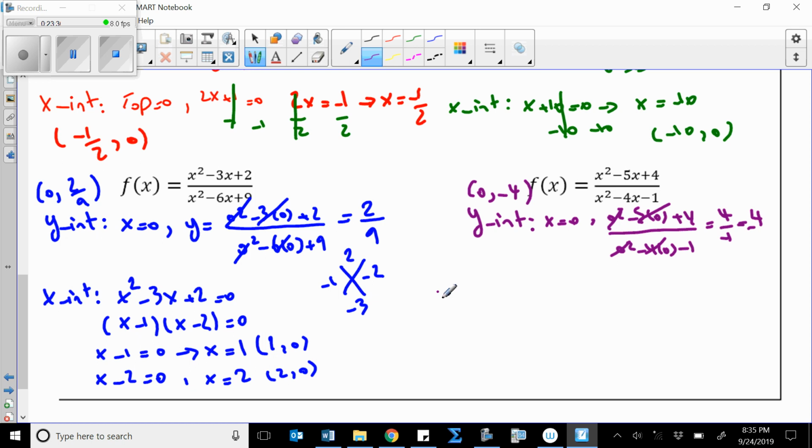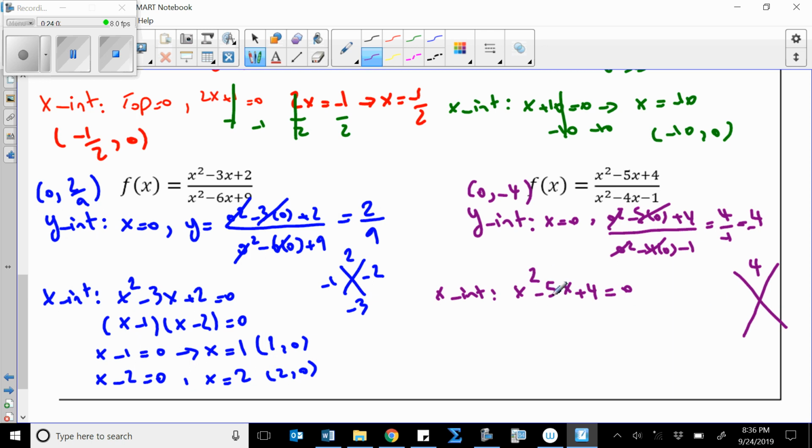Now, what is my x-intercept? Just set the top equal to 0. x squared minus 5x plus 4 equal to 0. Now we need to factor this. Big X. On top goes a times c, which is 4.